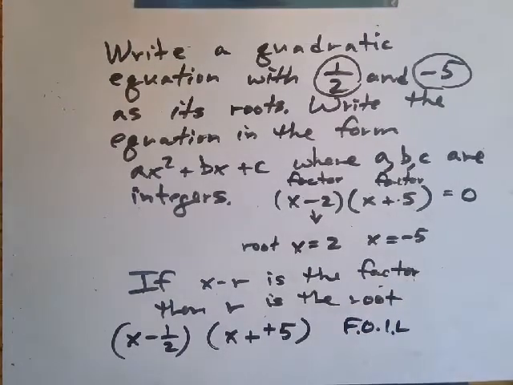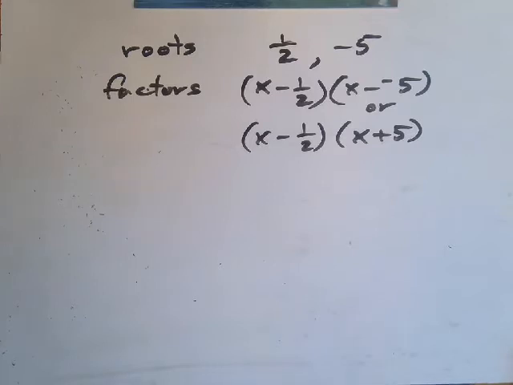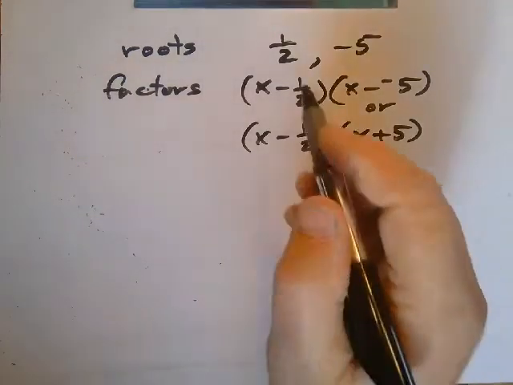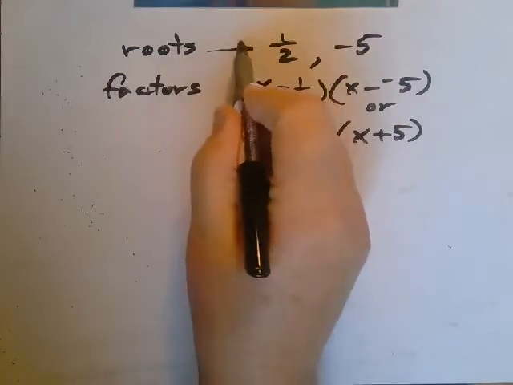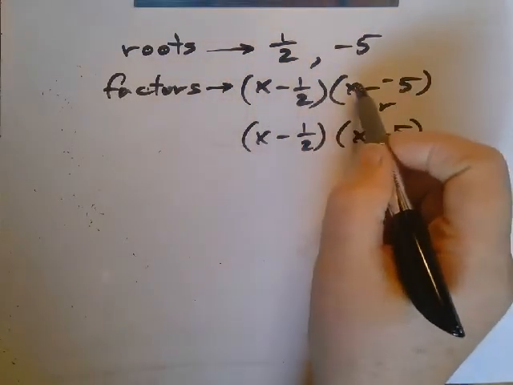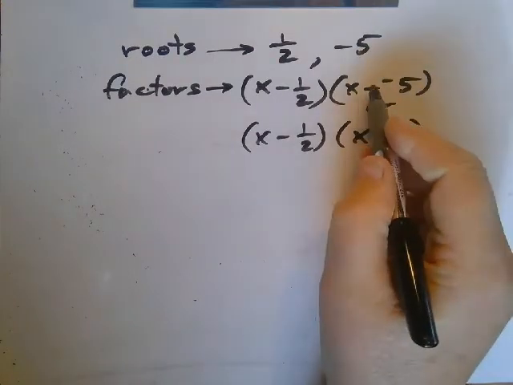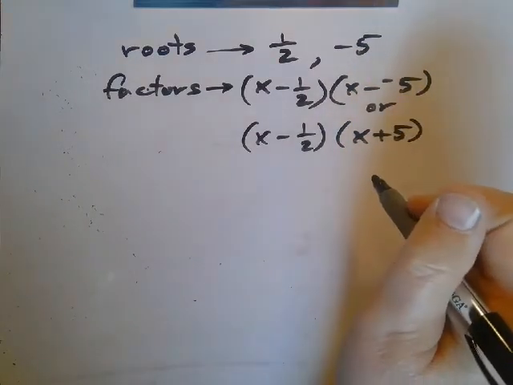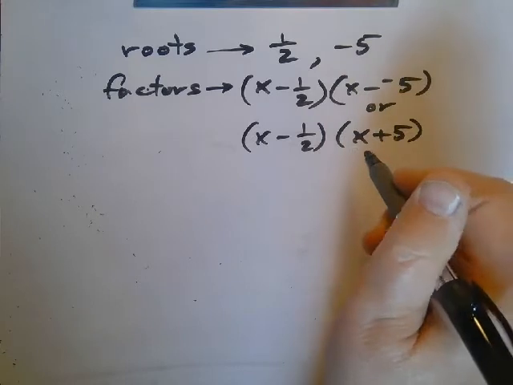So I'm going to go to the top of the next page and do just that. Hang on now. Okay, so again, if the roots are these, then the factors will be x minus the root. In this case, it turns out to be a double negative, so we have x plus 5, and x minus 1/2, because a minus a minus is plus.